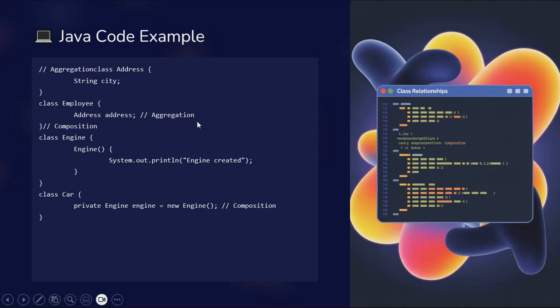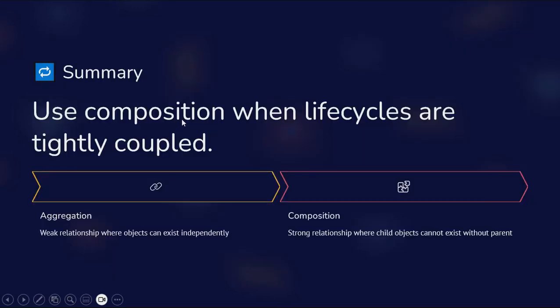While address reference, you can see that it works as an aggregation. So use composition when life cycles are tightly coupled and aggregation for weak relationship where objects can exist independently, and composition strong relationship where child objects cannot exist without parent.